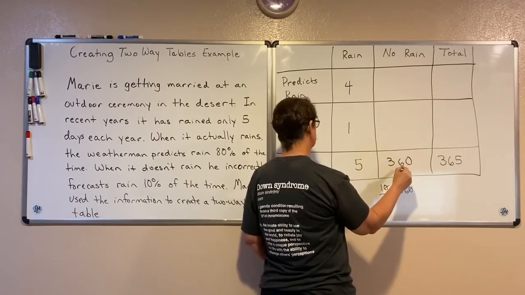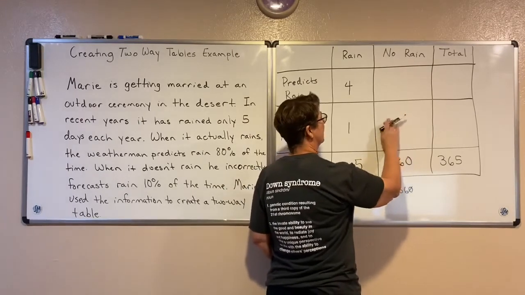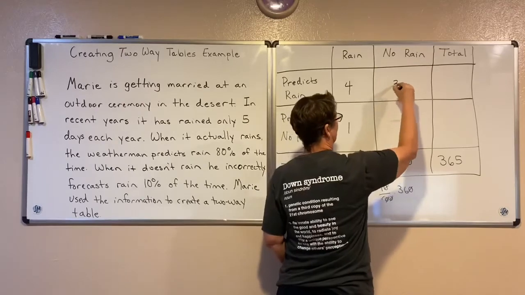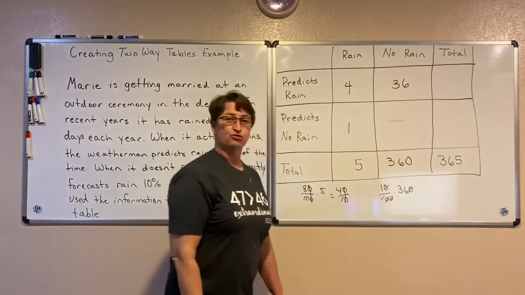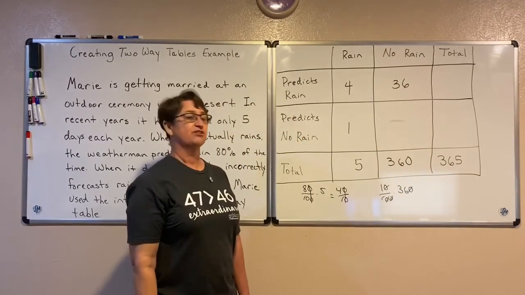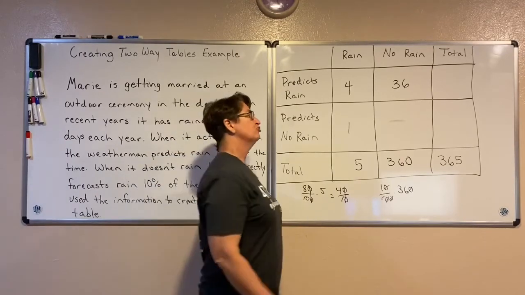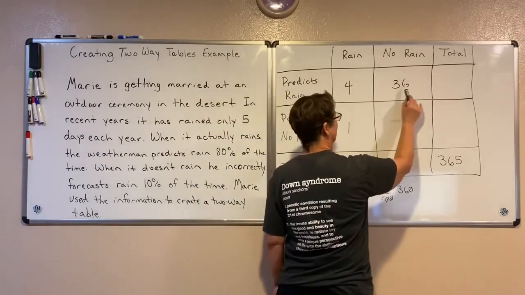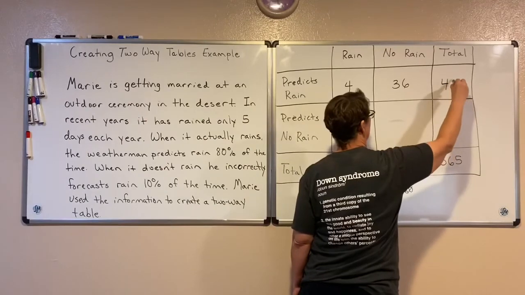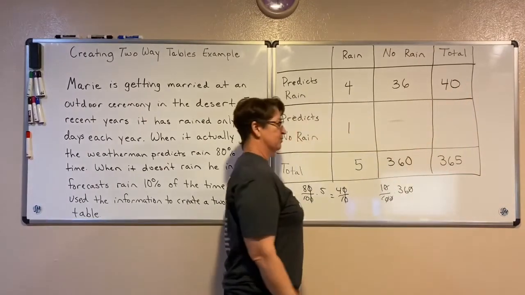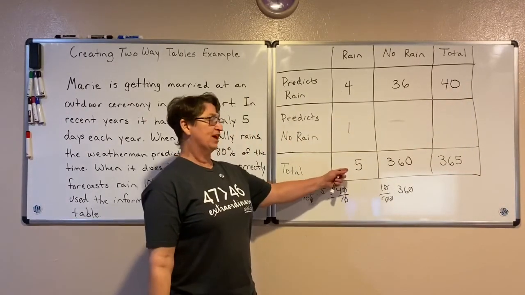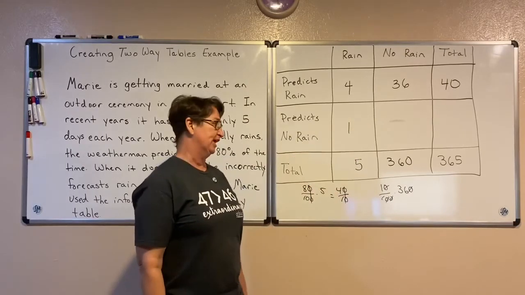So 36 days, he's going to say that it does rain. 36 out of those 360 days, he says it does rain. So throughout the year, he says it rains a total of 40 days, even though it only rained 5 days, he predicted rain 40 days.